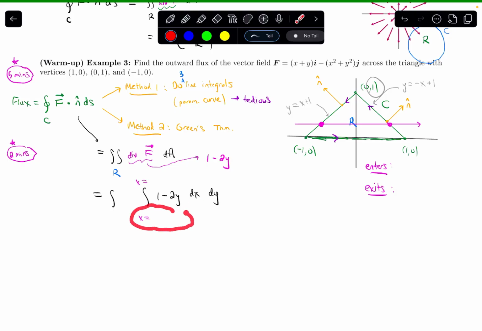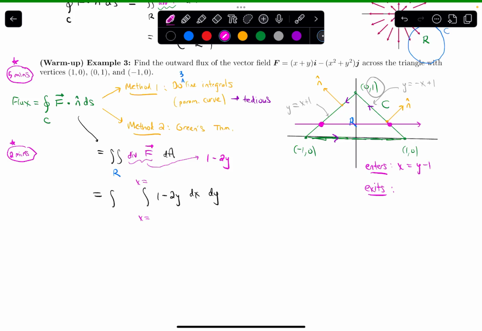But because I have dx inside, I need these limits of integration with x isolated. So I got to isolate x in both of these. So for this entrance curve, if I isolate x, we get x equals y minus 1. For the exiting curve, if I isolate x, we'll get x equals 1 minus y. So entering at x equals y minus 1, exiting at x equals 1 minus y. For the outer limits of integration, they're in terms of y. What does y equal?